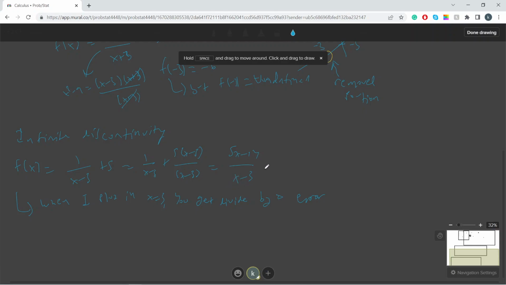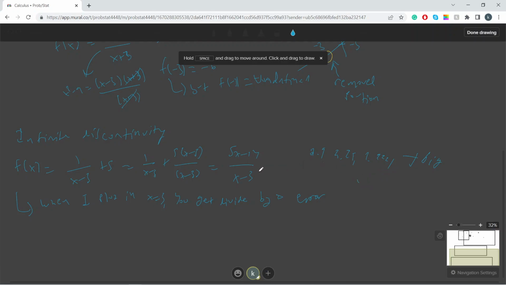So what happens is this denominator is going to get smaller. And if the denominator gets smaller and the numerator isn't really affected as much, focus on the denominator getting smaller. When the denominator gets really small, then you're dividing a normal number by something that's really, really small. So the number becomes really, really big, right? So when you plug in 2.9, 2.99, 2.99999, you get to a big number, right?